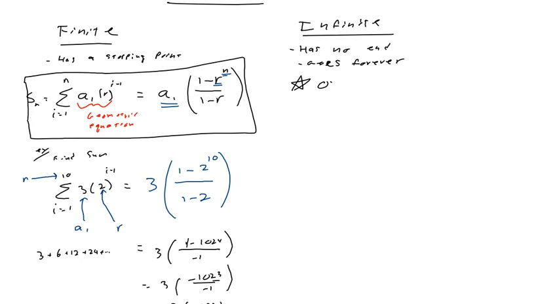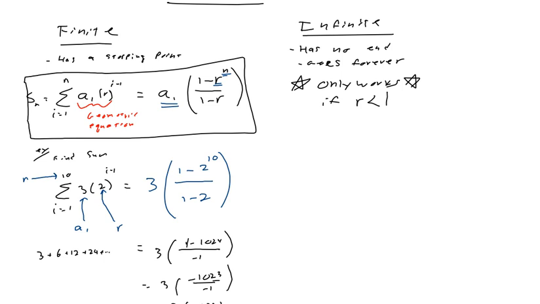It only works if r is less than 1. You can have an infinite sequence if r is less than 1. What that means is that instead of the numbers getting bigger and bigger, because if it does that, you're going to add up infinity.